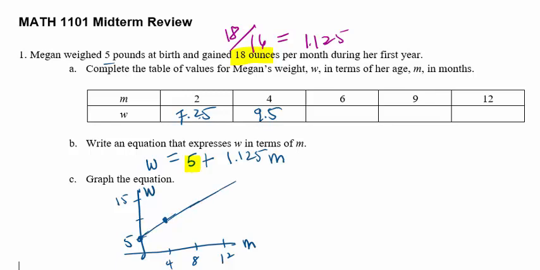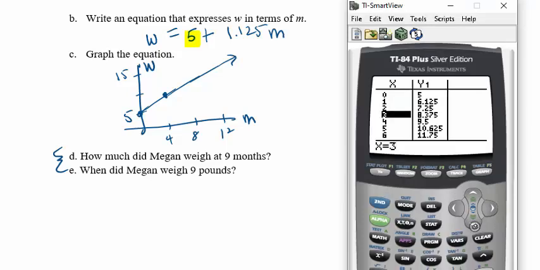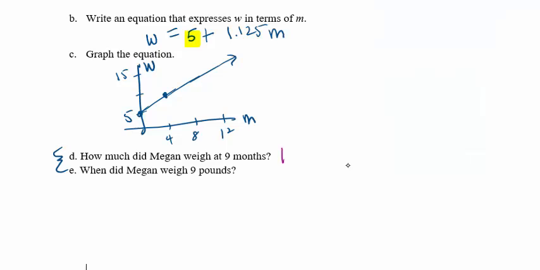And then connect those points with a straight line. We can then use the formula to answer parts D and E. D can come from your table. And so you see after 9 months, Megan would weigh 15.125 pounds.